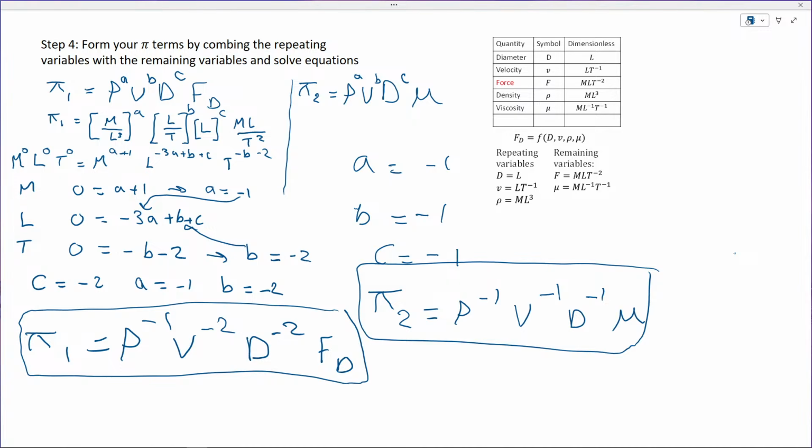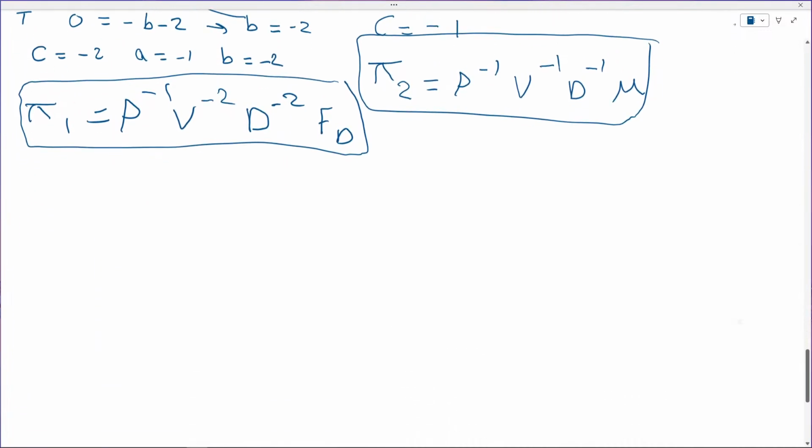That's your practice problem. You'll have 3 pi terms, pi 1, pi 2, pi 3. Why? Because the remaining variables will be 3. So you put the repeating variables and your first remaining variable, that would be pi 1, the repeating variables and your second remaining variable, that would be pi 2, and then the repeating variables and your third remaining variable, that would be pi 3. But that's not the case here.